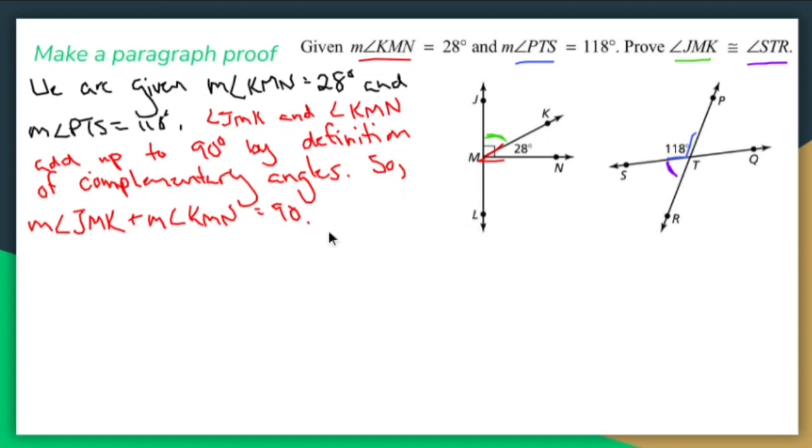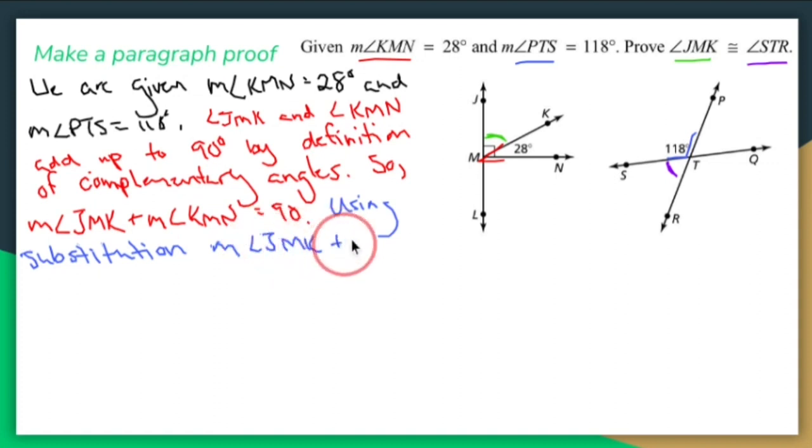Now, if that's the case, what I can do is replace the measure of KMN with 28 using substitution. The measure of angle JMK plus 28 equals 90.